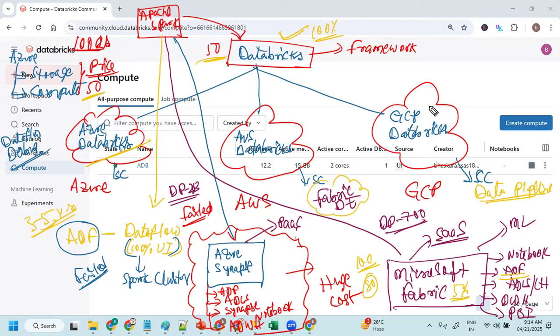I did not work with Microsoft Fabric, but I got updated on it. One of my projects was going to use it, but I was not part of that project. I was with Databricks. Even now in my current project, I'm with Databricks.